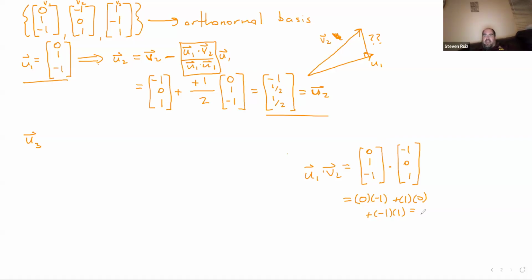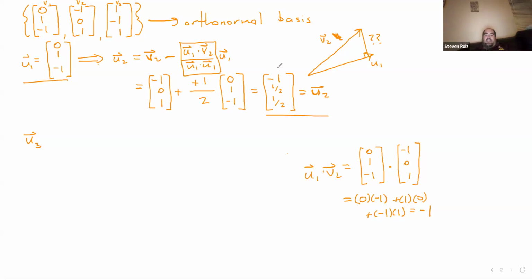So the only one of those that is not 0 is -1 times 1. So that's why I get a dot product of -1. And then you can do the same process for U1.U1, except you're squaring all of the components and adding them together. So again, that is how to do a dot product.